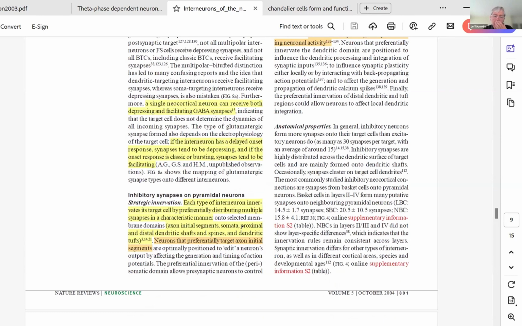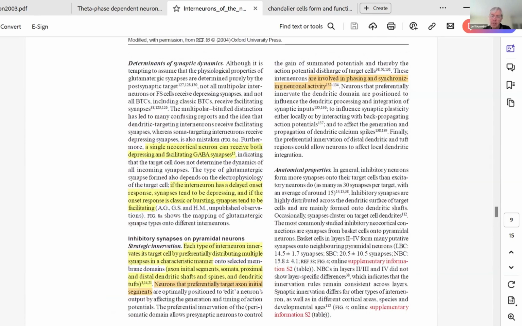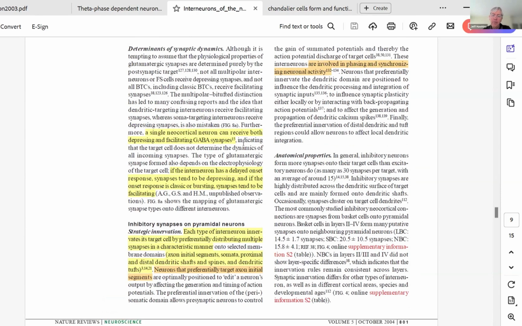Let's see here. Look at this orange one here. It says neurons that preferentially target axon initial segments, those are the chandelier cells, and I'm going to skip the rest of the sentence, are involved in phasing and synchronizing neural activity. So this is really interesting.